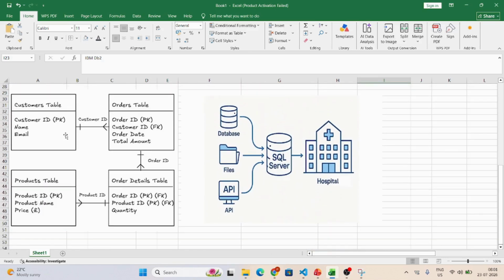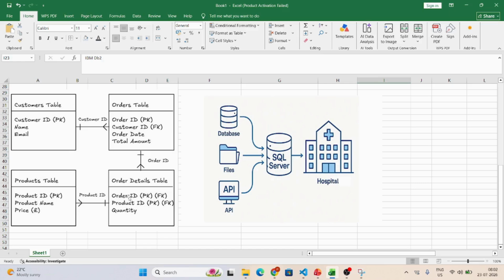So we will understand much better. Here we have the customers table, orders table, order details table, and products table. Customer ID is the primary key in the customers table, and in the orders table customer ID is a foreign key. In the orders table, order ID is the primary key, and in the order details table, order ID is a foreign key.